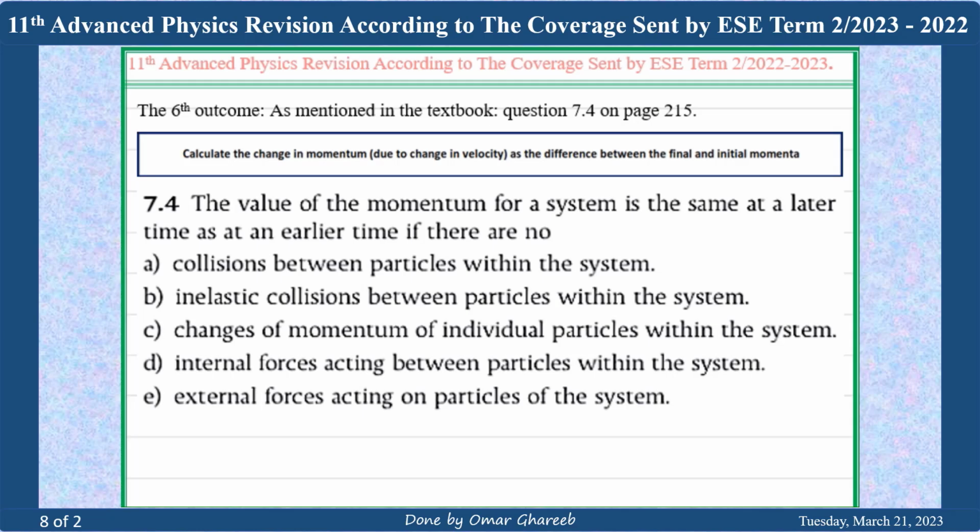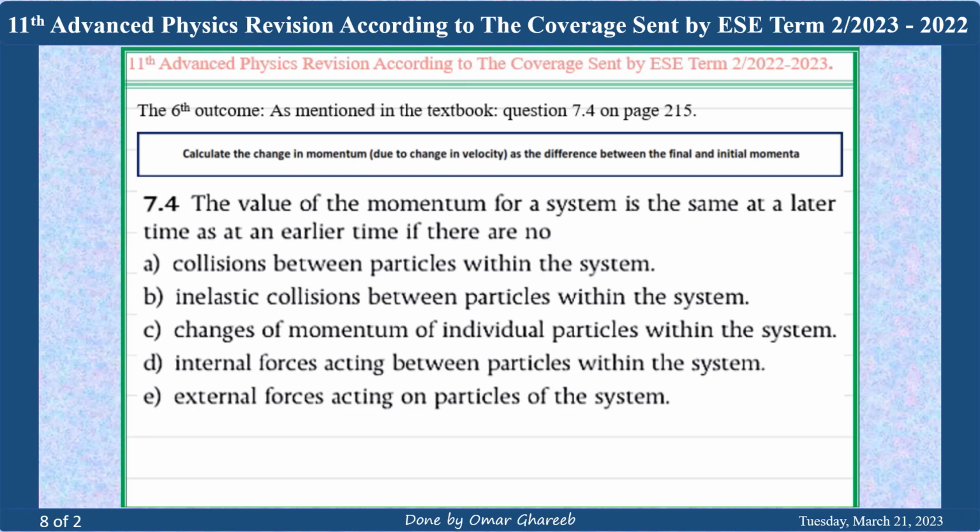In this outcome, we need to calculate the change in momentum due to the change in velocity as the difference between the final and the initial momenta. And the outcome suggests that we need to solve question 7.4 on page 215. This question will not satisfy this outcome. It satisfies something else. But I will solve this, and I will put now a question related to the outcome itself.